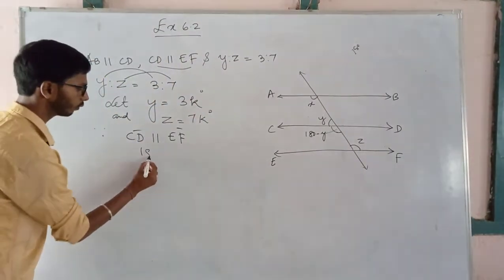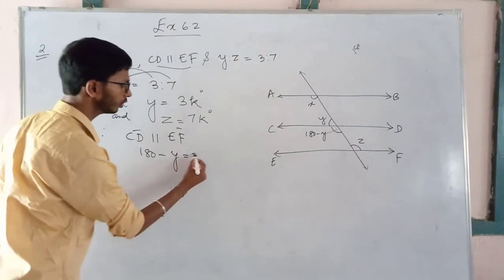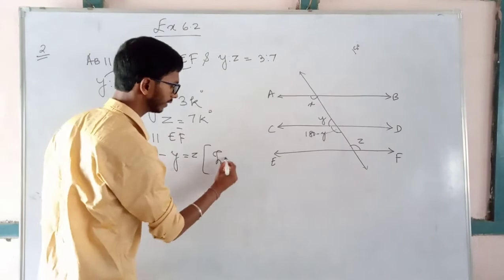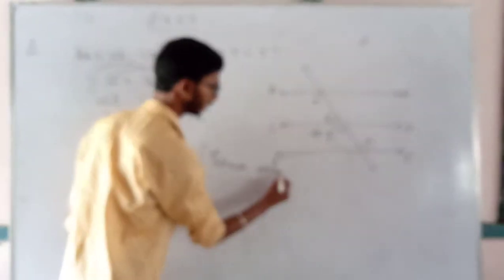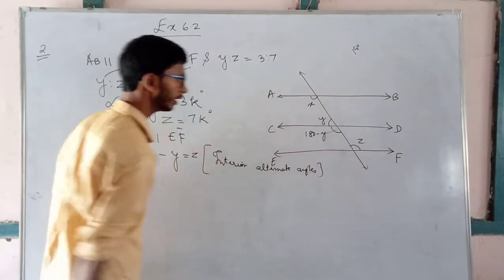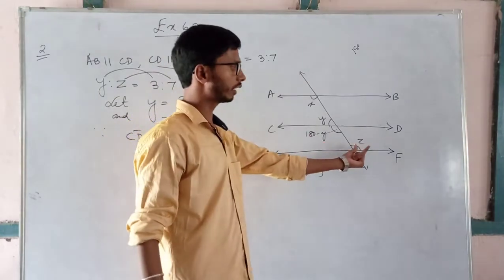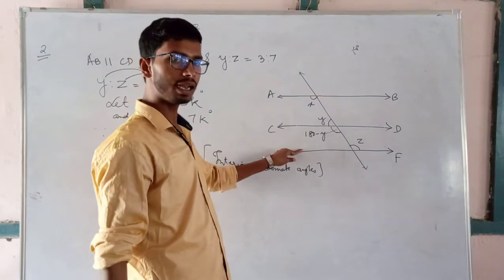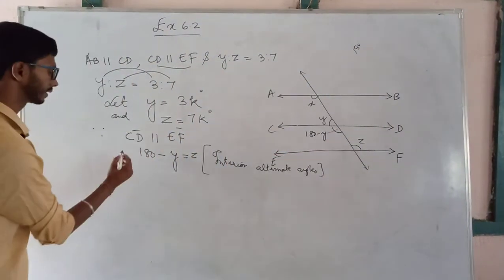So we can write like this: 180 minus y is equal to z. What is the reason? Reason is interior alternate angles. Got it clear? So this angle 180 minus y is equal to z. The reason is these two lines are parallel, so these two are interior alternate angles.